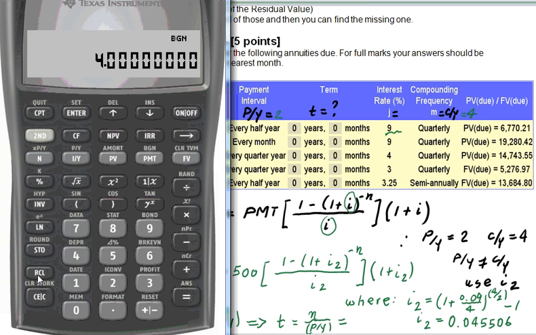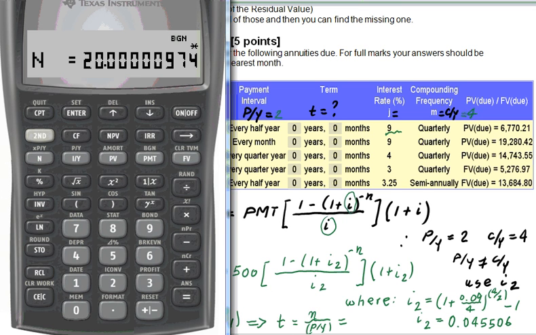Let's just recall whether we have everything there. Payment 500, and recall present value. Yeah, we have everything there. And then 0 for future value, and you have to make sure that you have BGN because it's annuity due, and then compute N. So N is equal to 20.